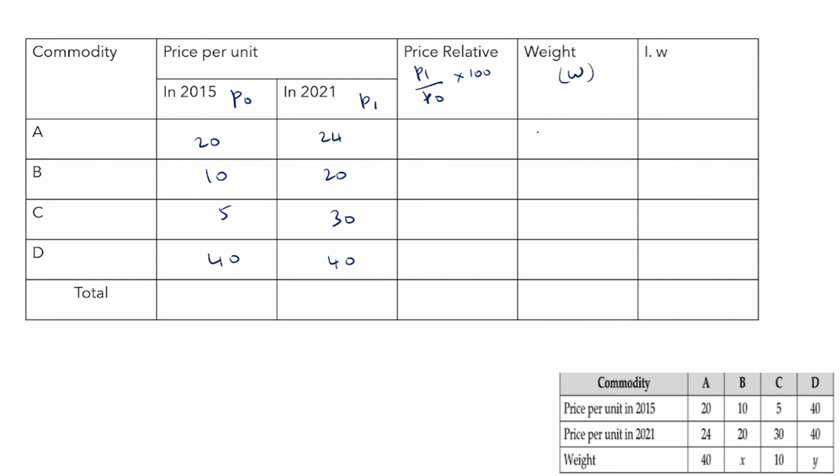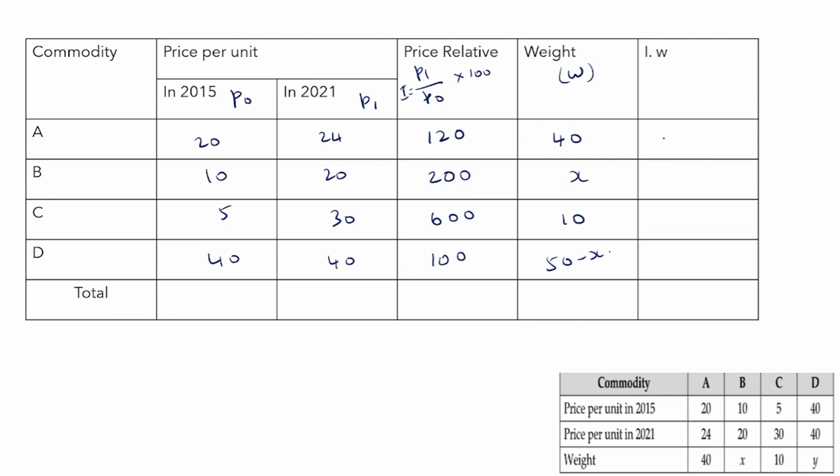The weight W is 40, X, 10 and 50 minus X. So this is the price relative I. Now P1 upon P0 into 100, 24 upon 20 into 100. So this is 120. Here 20 upon 10 into 100, so it is 200. 30 upon 5 into 100, 600. 40 upon 40 into 100, 100.